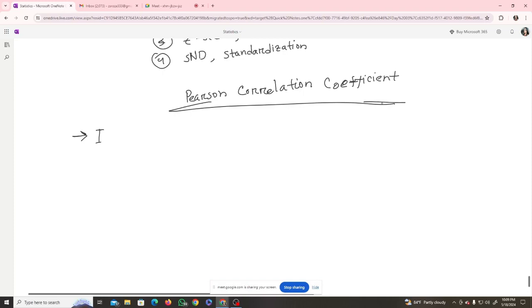It tells us the measurement of the strength and direction between two variables.